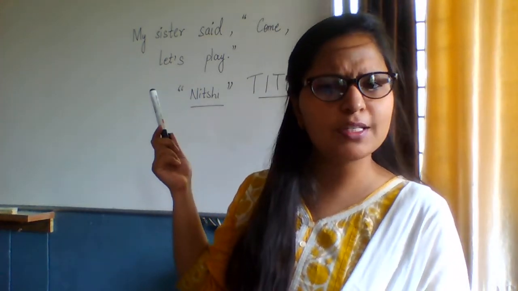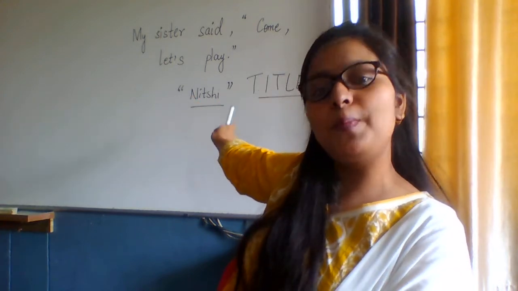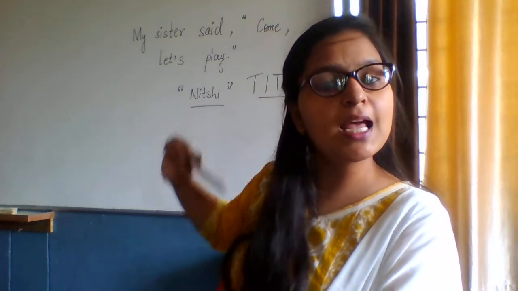Then the second thing that you should keep in mind while writing a story is you try to make it interesting by introducing dialogues. Okay, we have already talked about this. So when we talk about a dialogue, this is how I have written one example of a dialogue here. My sister said, come, let's play. So this is a whole dialogue.